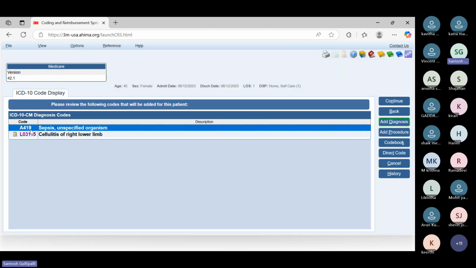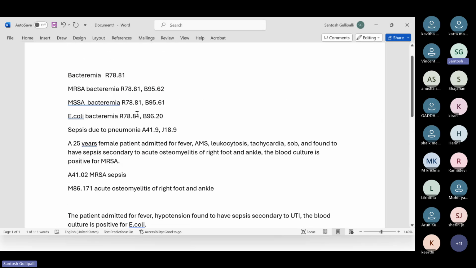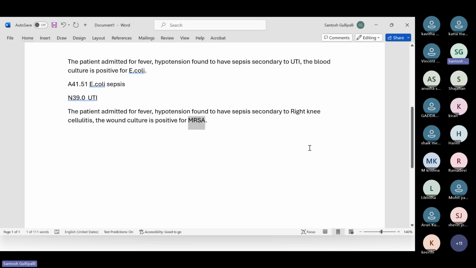No severe sepsis and no procedures. You can give an additional code for MRSA separately. At the time of bacteremia, we give the MRSA code B95.62, right? So in this example, you can assign the B95.62 MRSA code separately. For cellulitis due to MRSA, there is no specific combination code, so the cellulitis code is separate and the MRSA code is separate.